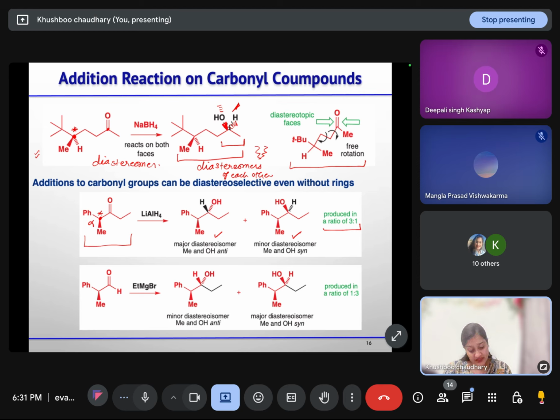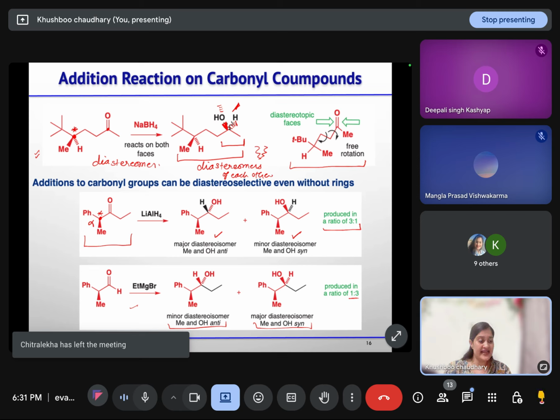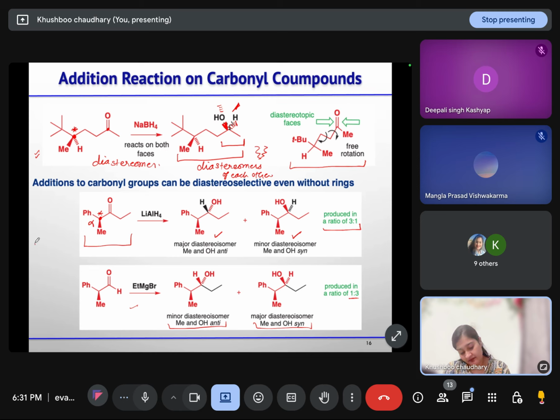And in the second case also, you will get the anti and syn compounds in the ratio of 1 to 3. Now how do we decide which one is major? We decide that by using the Felkin-Anh model.